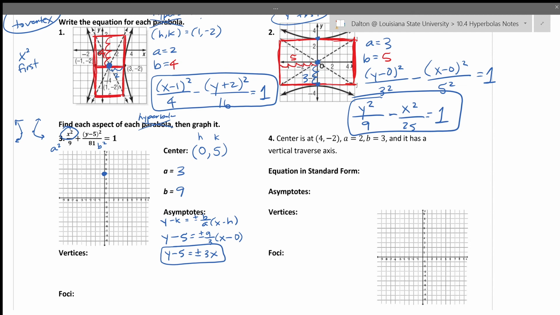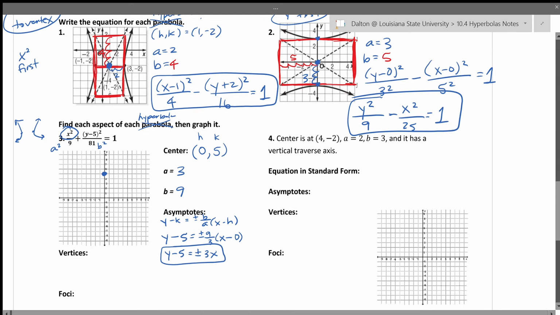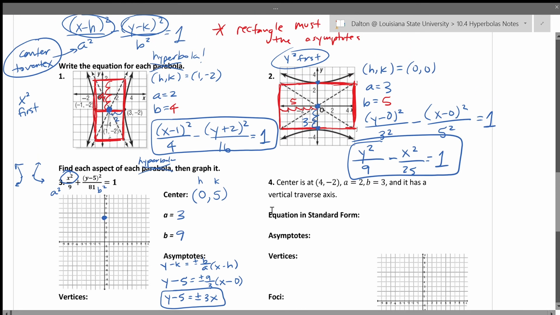And here's how it works. In order to graph your asymptotes, you really only need to pay attention to the slope. Okay, the slope is plus and minus 3, and you graph that slope from this center point. So you don't start at the origin, start at the center point that we've already graphed, and then we're going to have two lines.